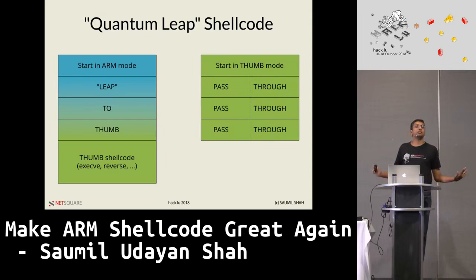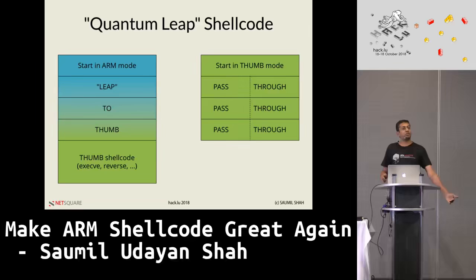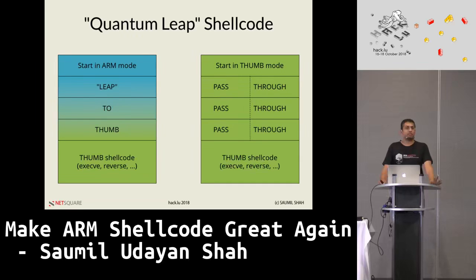They should let you just pass through and stay in thumb. This is Newton's first law of ARM shellcoding. Code that starts in ARM remains in ARM unless it's acted upon by an external switch, with great apologies to the famous scientist. But the same switch should keep you in thumb if you start in thumb.